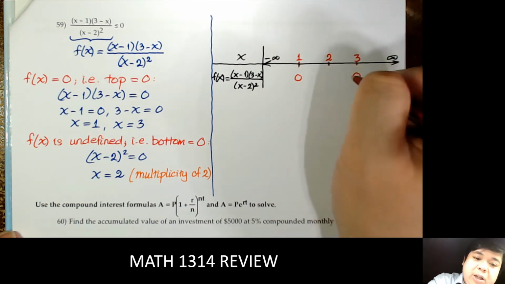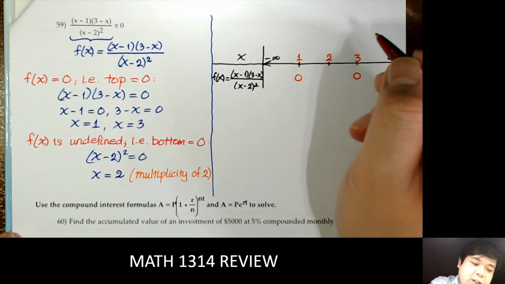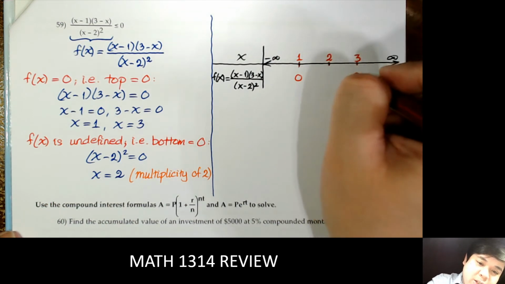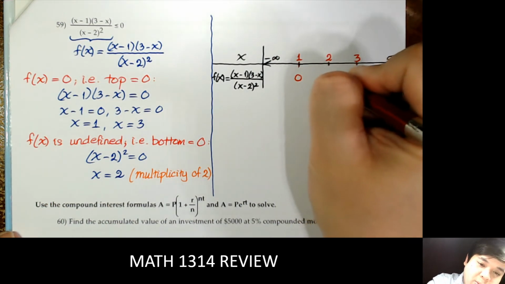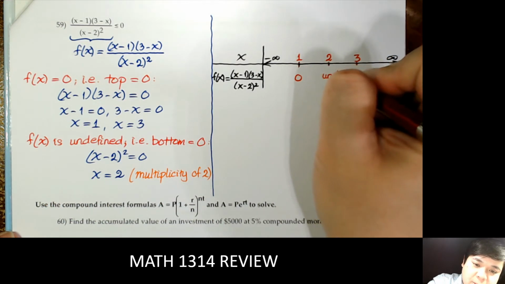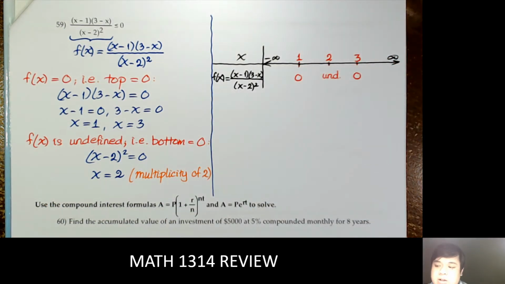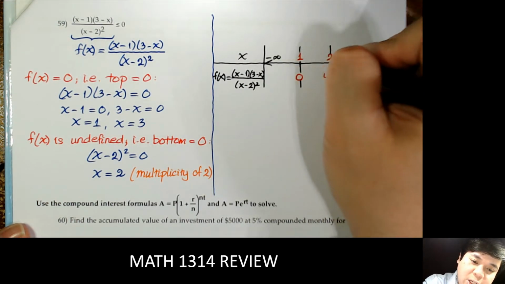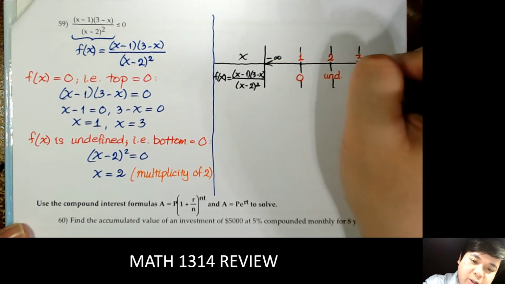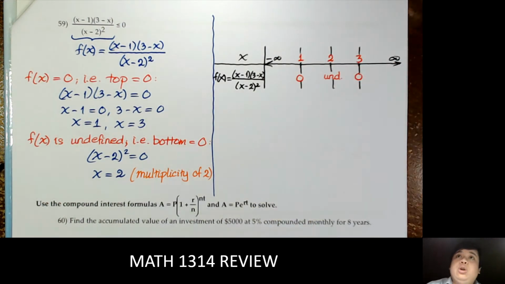X equal to 3, the function equal to 0, the top equal to 0. When x equal to 2, it is undefined. Right. So I have that information. Those numbers divide the number line into 4 sub-intervals. So we're going to do the test point. Right. Like I said, on this one, we use the multiplicity.